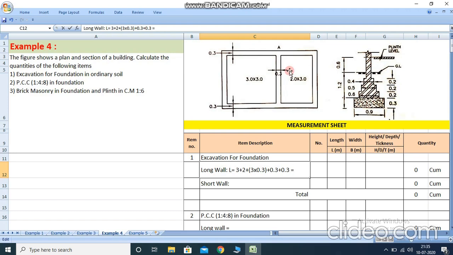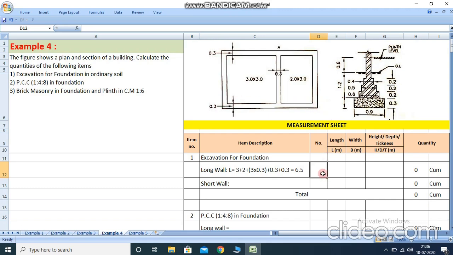Now the summation of the long wall is 3 plus 2 plus 0.9 plus 0.3 plus 0.3. So the total value we got is 6.5 meter. So 6.5 meter is the total length of the long wall. Now what do we write in number? The number is the count of walls of the same length, and 2 walls are given.